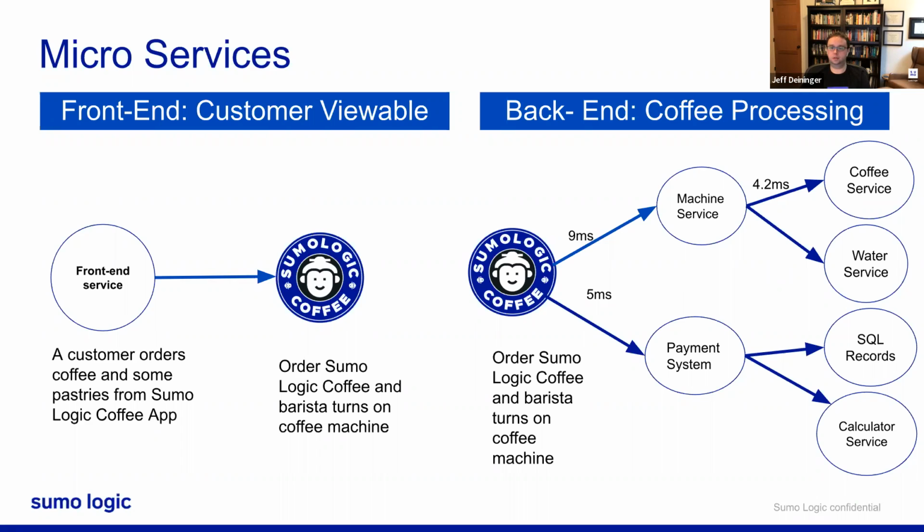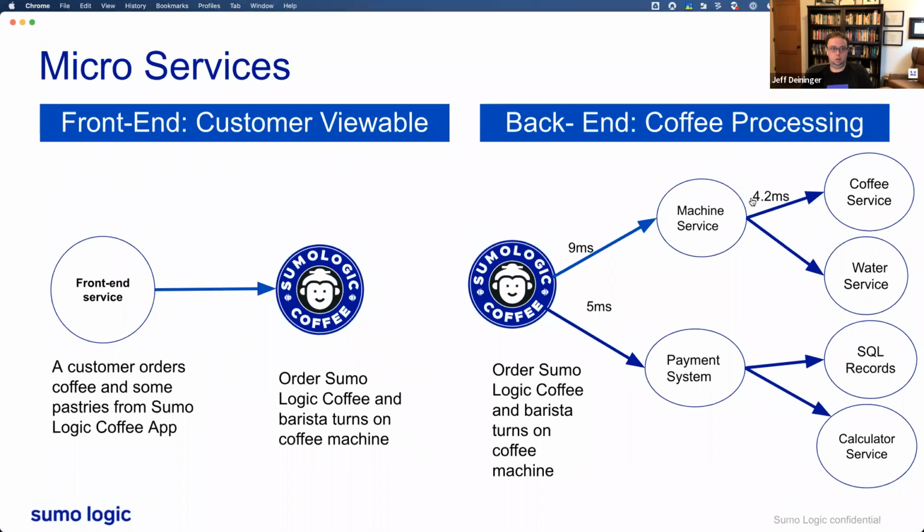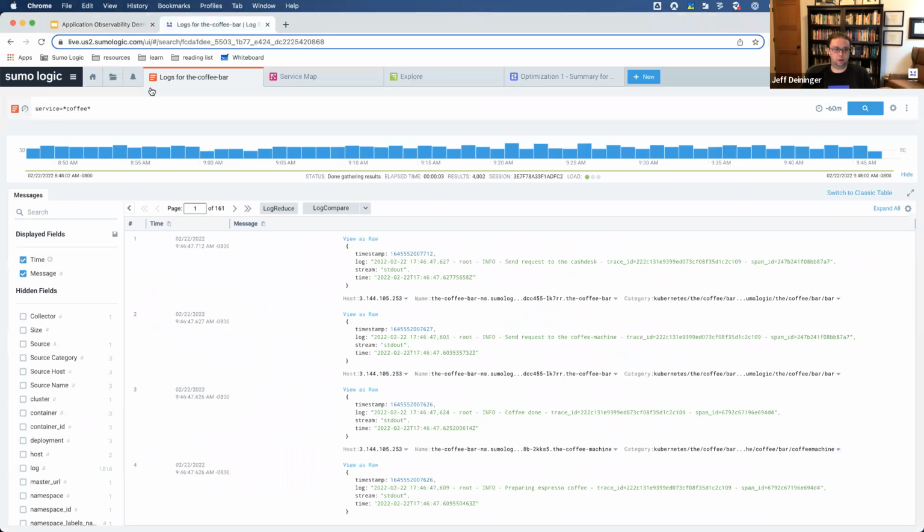I want you to keep these various service names in mind because we'll see them live here in the demo. All right, so let's pivot over to the demo now.